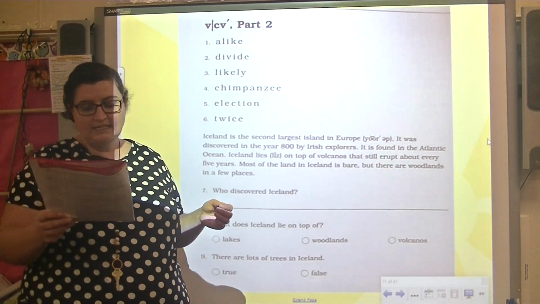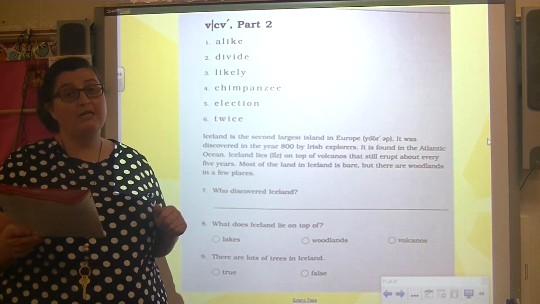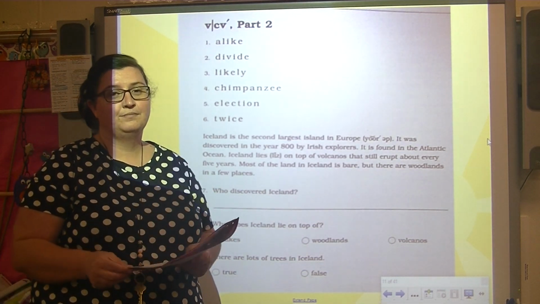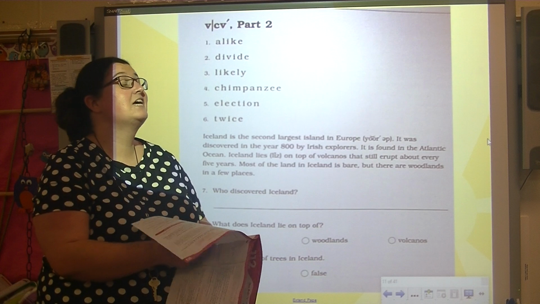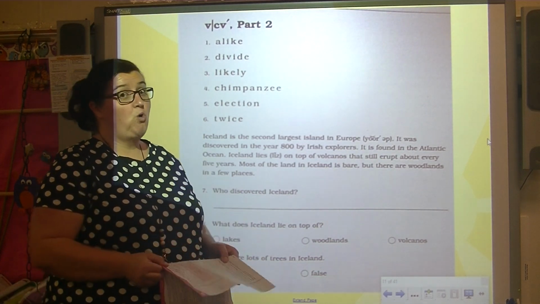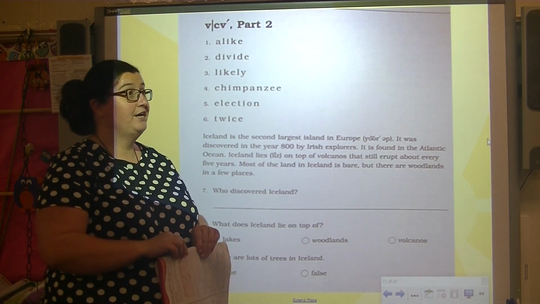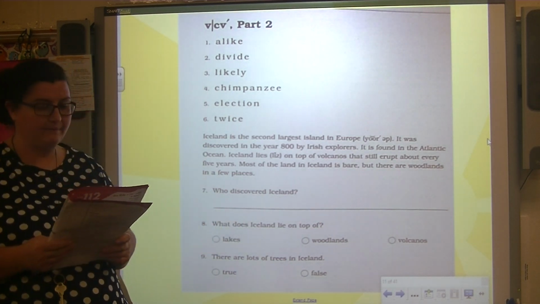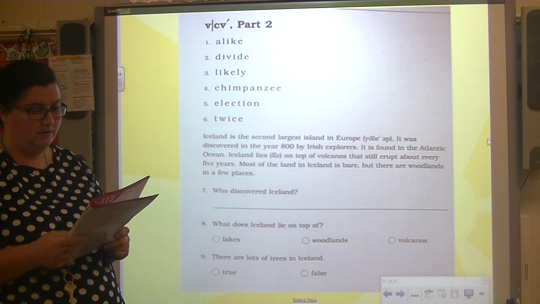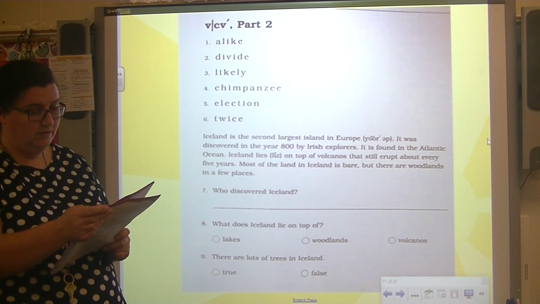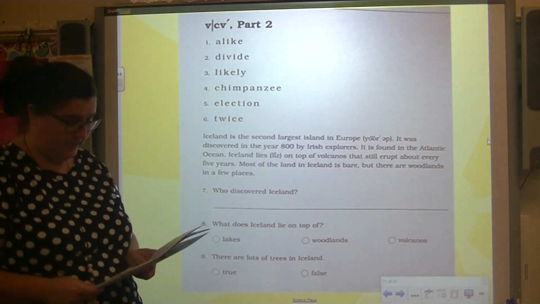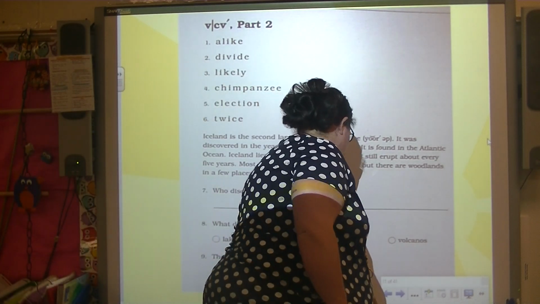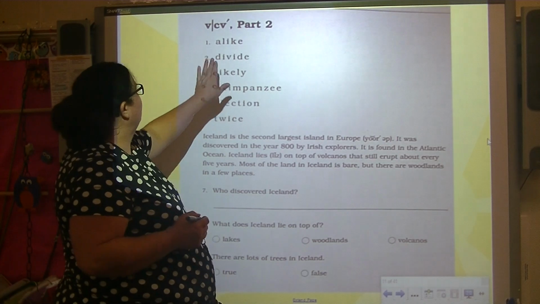All right, what does the letter A usually make in an open, unaccented syllable? We learned today that it is the schwa sound, like in banana. That is right. All right, let's practice coding together on the front. Number 1.